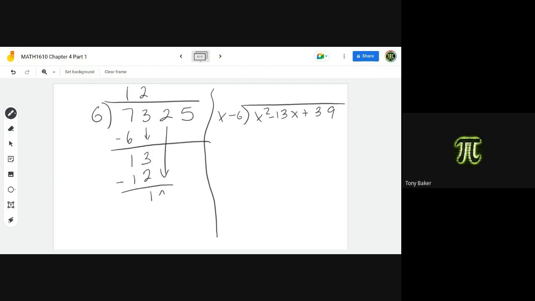Subtract. Bring down. 6 goes into 12 two times. 6 times 2 is 12. Subtract. Bring down. 6 goes into 5 zero times. So in this case, my remainder is 5.